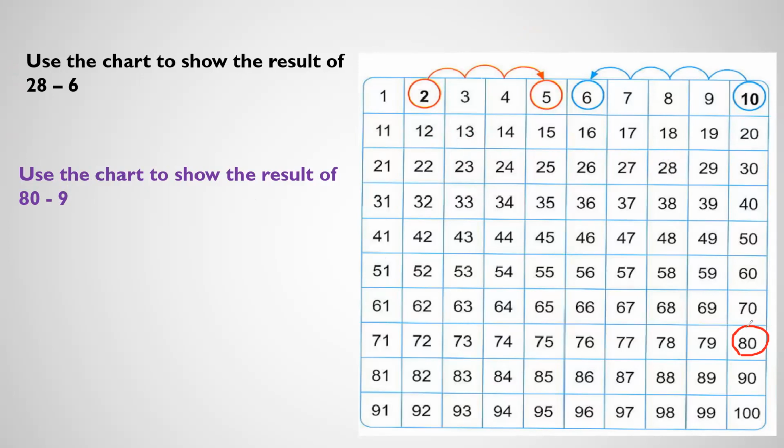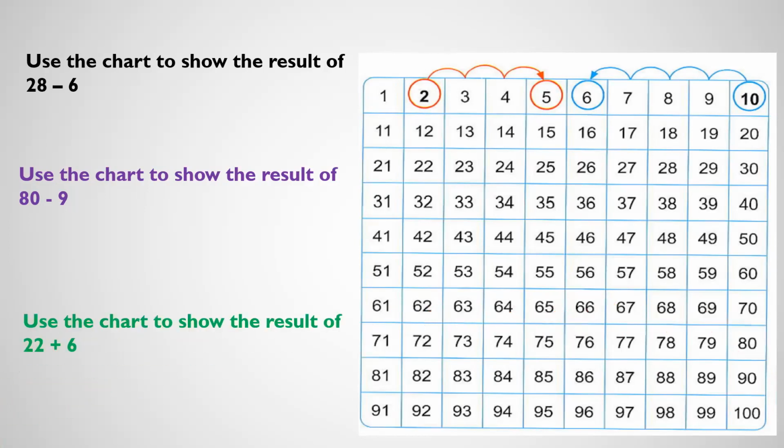So let's jump together. 1, 2, 3, 4, 5, 6, 7, 8, 9. When you finish the 9 steps, you are going to stop. So we stopped on number 71. So 80 minus 9 equals 71.